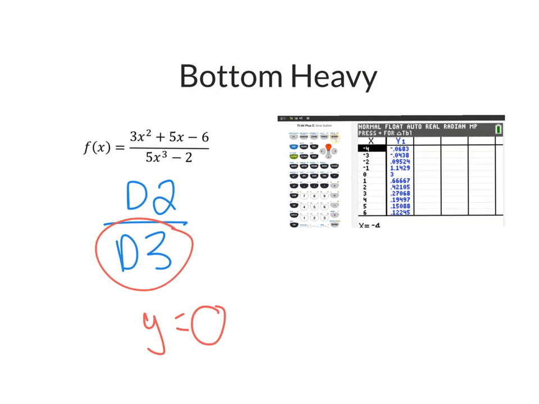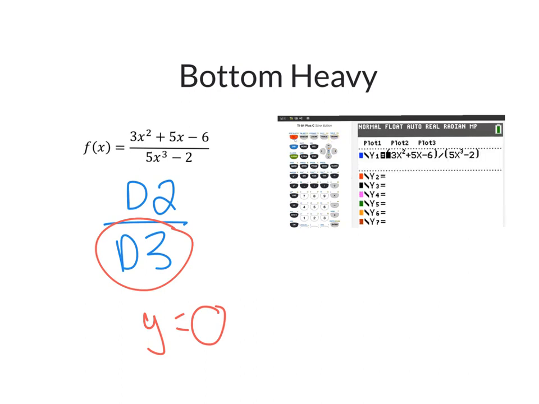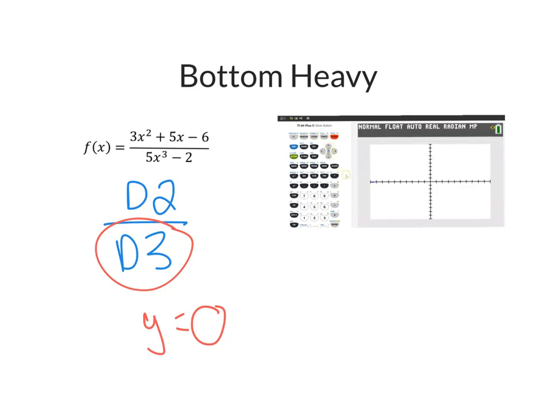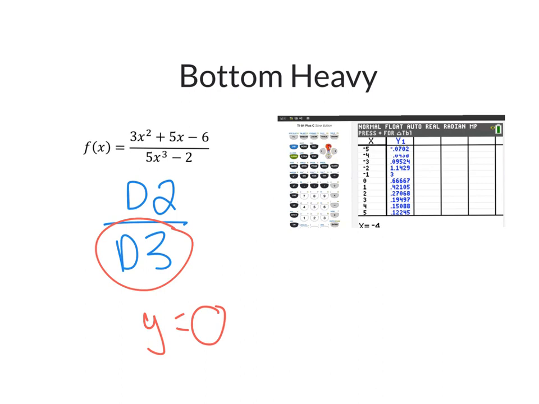I plugged this function into my calculator, making sure that I put my numerator and denominator in parentheses. What ends up happening as you start to plug larger and larger numbers into this function, whether negative or positive, is that as I get larger and larger negative, my y values are getting closer and closer to 0.